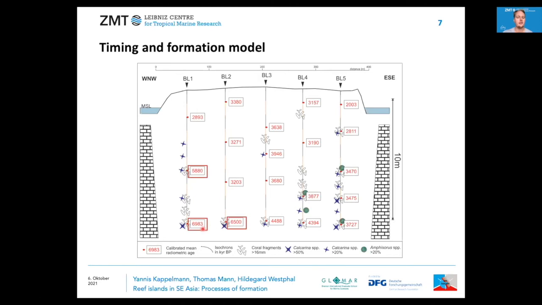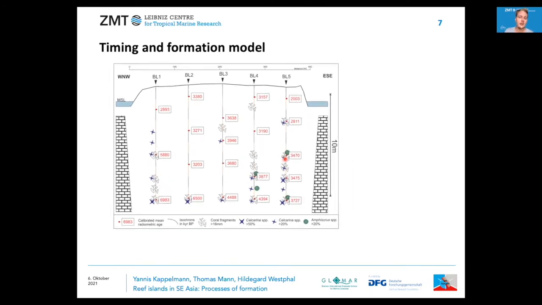We find the oldest ages of our samples to be from around 7,000 years ago till around 6,000 years ago in the west, whereas the majority of the sediment of the other samples appears to be of a significantly younger age, maybe around 3,900 years before present to 3,200 years before present. And also the actual island body appears to be of a similar age as the underlying strata.